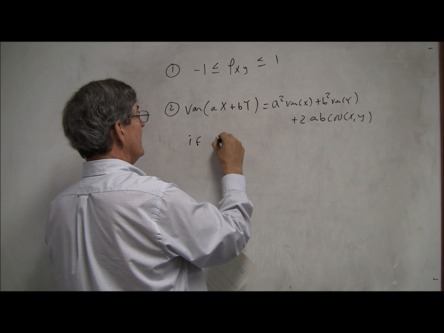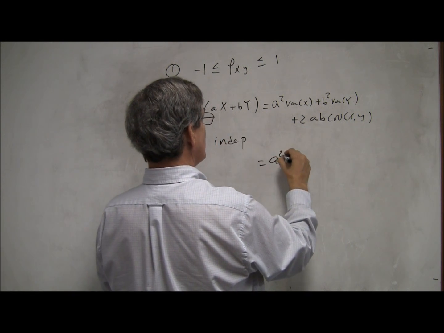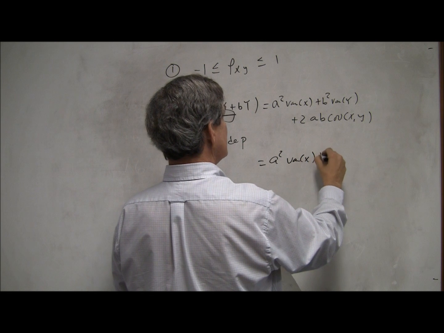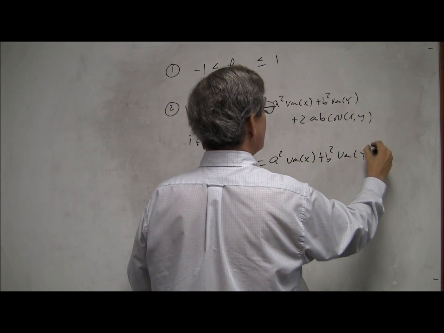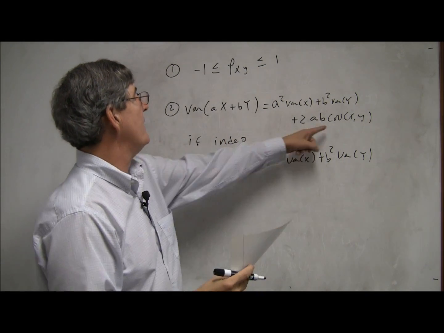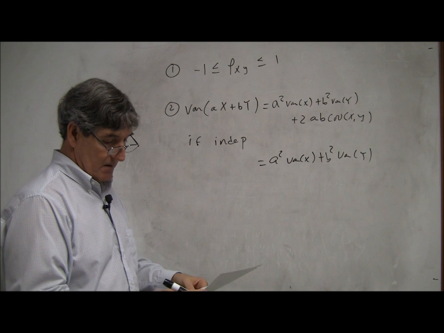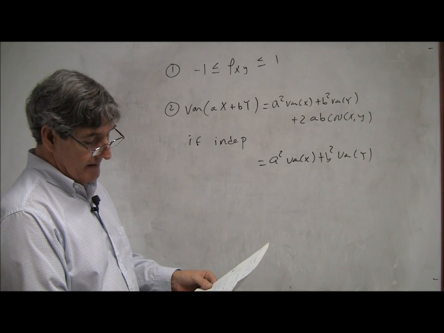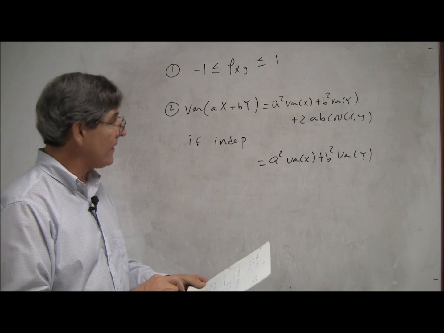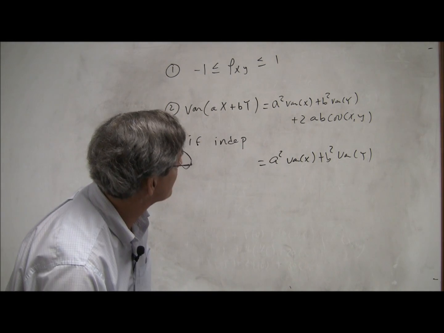If they're independent, then it's equal to a squared times the variance of x plus b squared times the variance of y. And that's because the covariance, if they're independent, would be 0. You can extend all of these things to more than one variable, but I'm not going to do it.